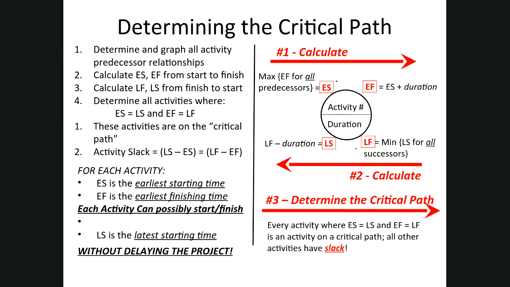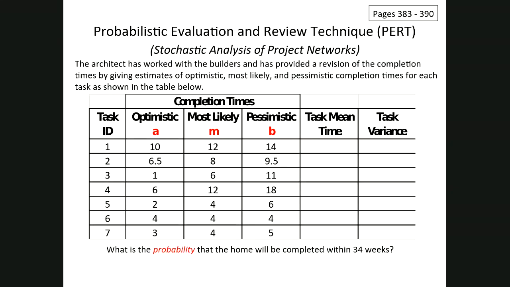And so we're going to lean on our previous example again. We're going to continue with our 7-task network. But in this case, the information that we've got about our project is as follows in terms of the actual task completion times.